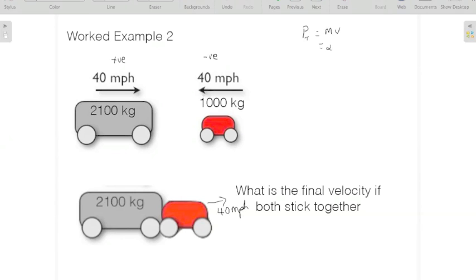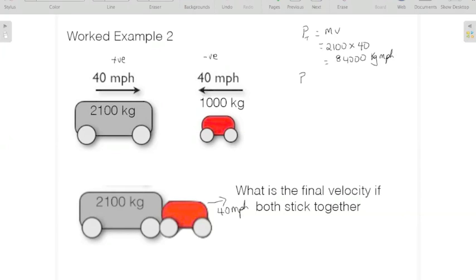So then that's 2100, leaving off the units, multiplied by positive 40. That's 84,000. I'm going to write now kilograms miles per hour.